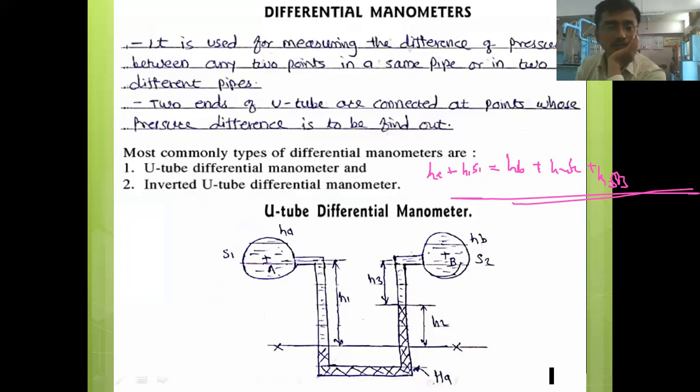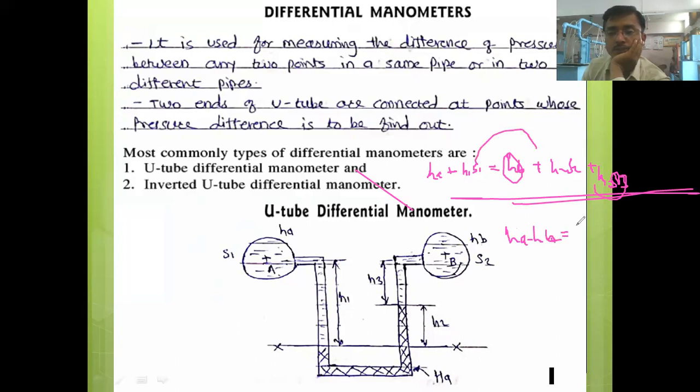Has everyone understood this? Yes, sir. Now, as we are measuring the pressure difference here, let us take this pressure head HB to the LHS, and we can write HA minus HB equals, and take this H1 S1 to this side.